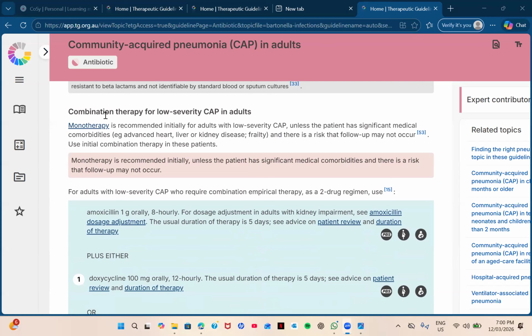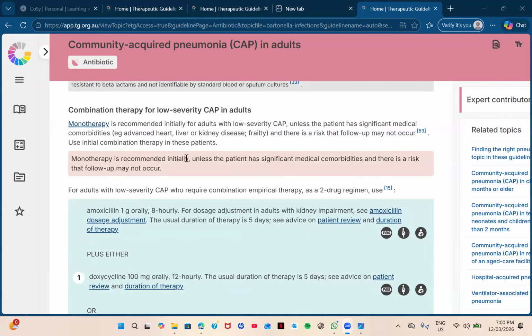So we use combination therapy in low severity cases only when the patient presents with other comorbidities like advanced heart, liver or kidney diseases, or frailty, and there is a risk that follow-up may not occur. Use initial combination therapy.